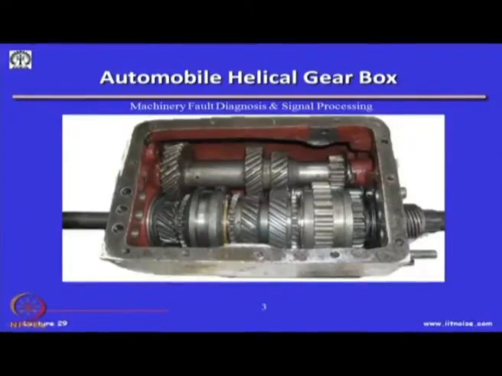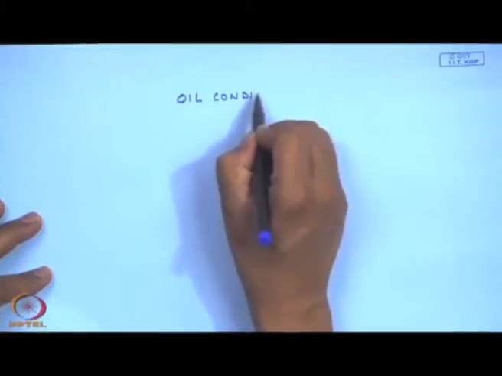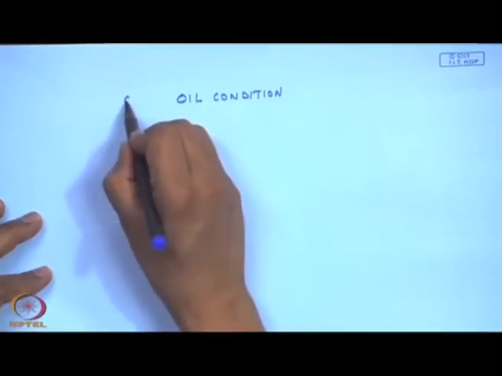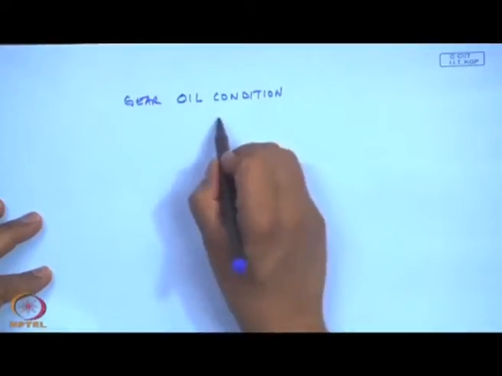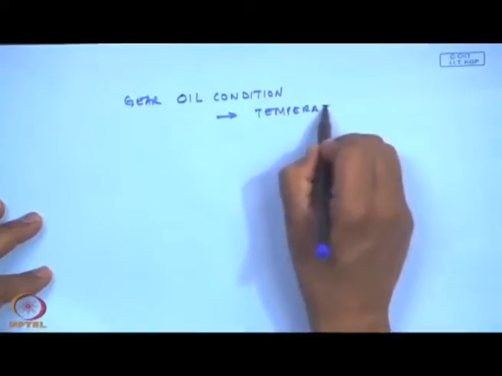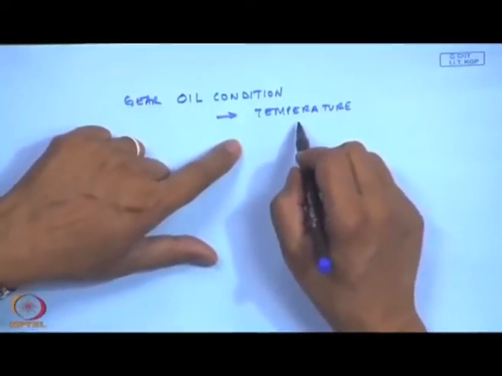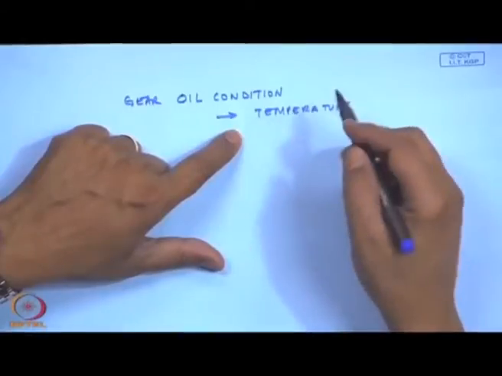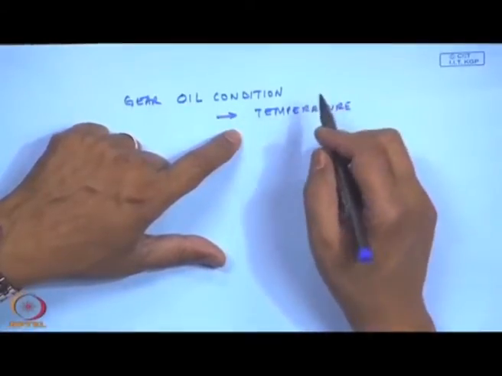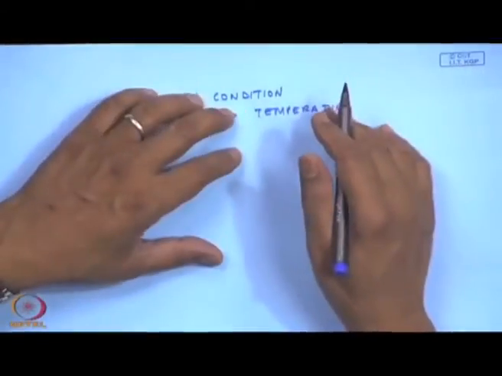And in many automobile gearboxes, or gearboxes per se, people also monitor the gear oil condition in terms of its temperature, because there should not be a case when the temperature of this oil has gone to a level where the physical and chemical properties of this lubricating oil are lost, the molecular bonds, etc., break.